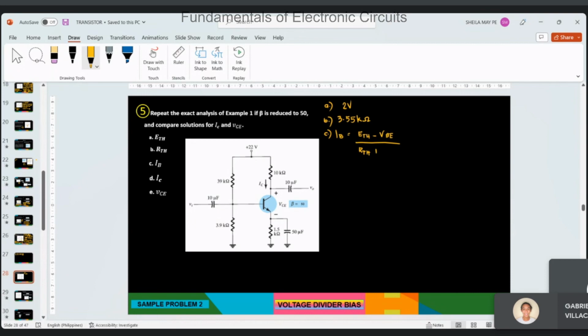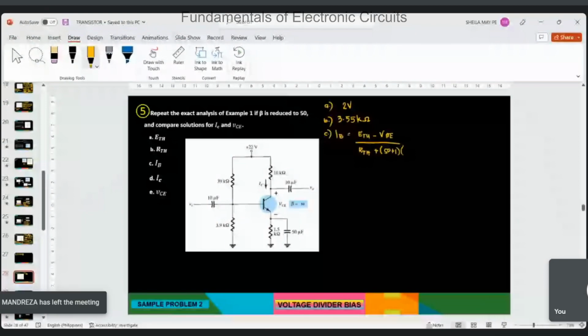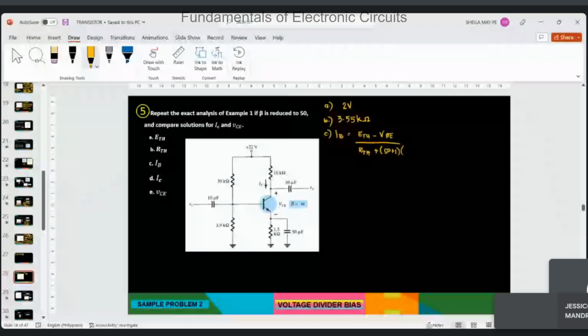plus 50 plus 1 times RE. RE is 1.5. So this would give us 16.24 microampere.